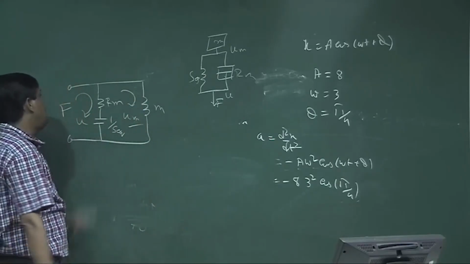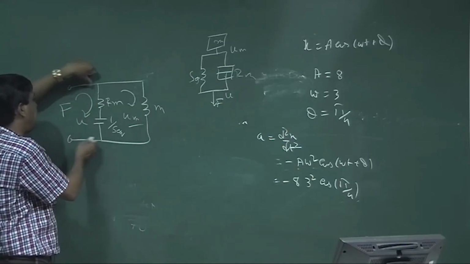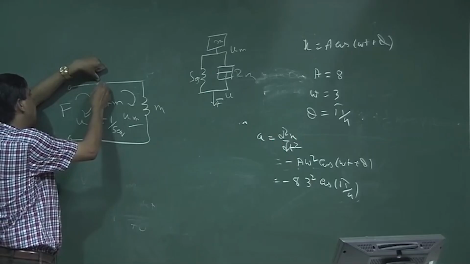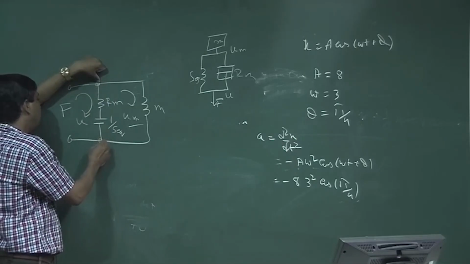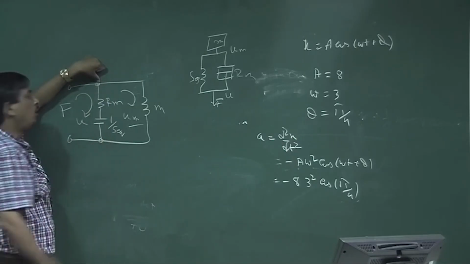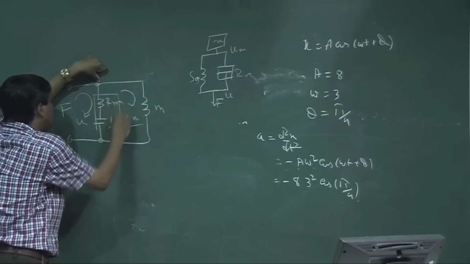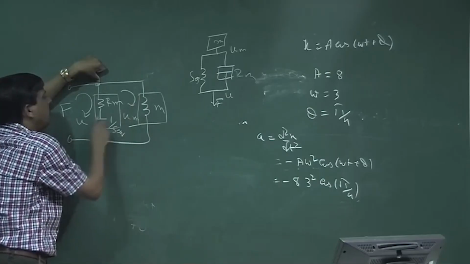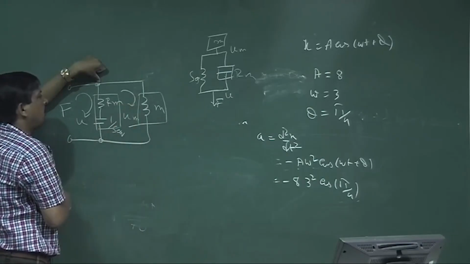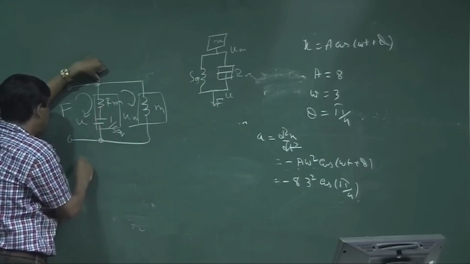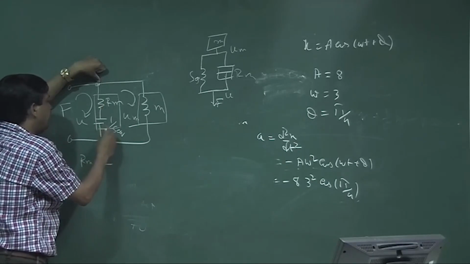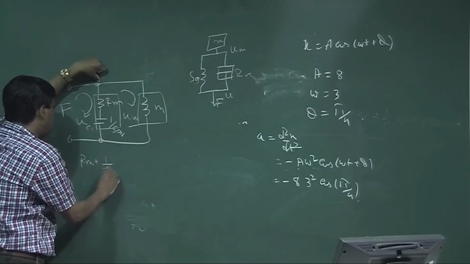Okay. Now, can you find out the mechanical impedance of this circuit? Find out the mechanical impedance between this node and this node. You find out the equivalent impedance of these two branches, which are in parallel. The impedance is Rm plus 1 by j omega C1, where C1 is the equivalent capacitance.